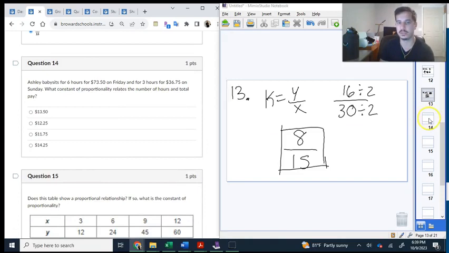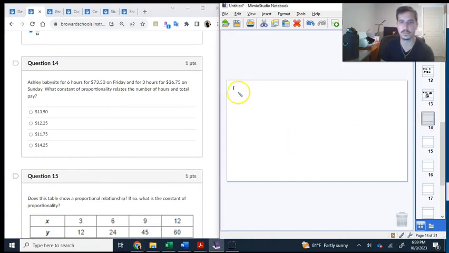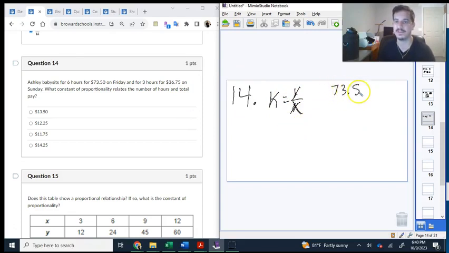Number 14. Ashley babysits for 6 hours for $73.50 on Friday and for 3 hours for $36.75 on Sunday. What constant of proportionality relates to the number of hours and total pay? Class, K equals Y over X. So all we're doing is taking the price, 73.50, dividing it by the amount of hours.